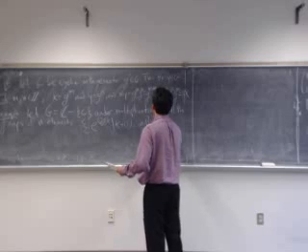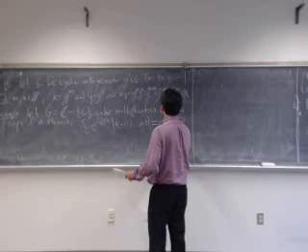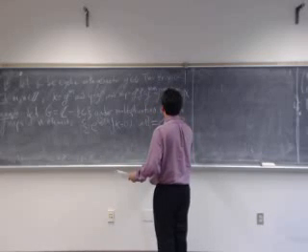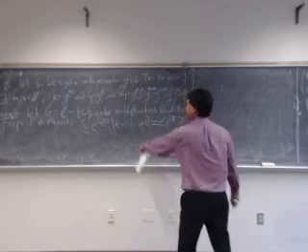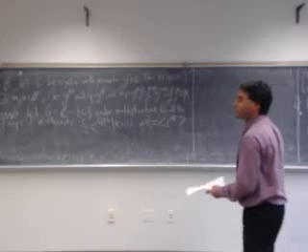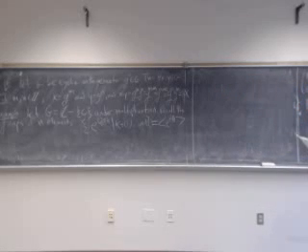What can we say about this set? This is actually the cyclic subgroup generated by e to the 2 pi i over n. So basically, if we take k equals 1, that is one generator of this cyclic group.